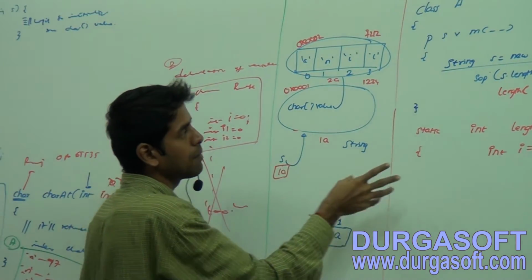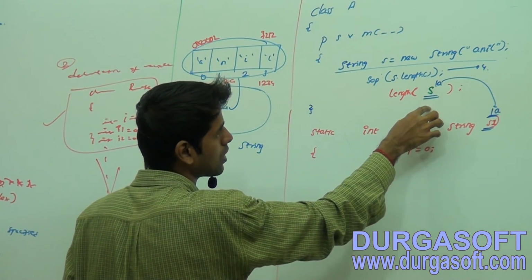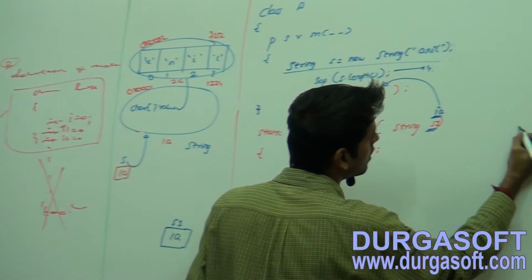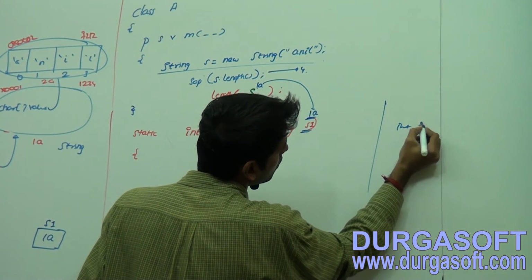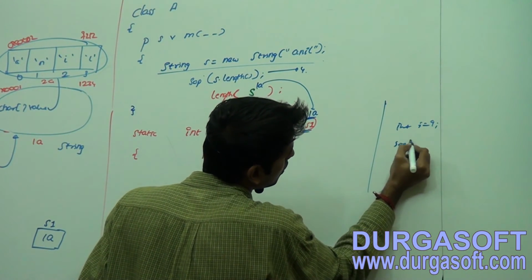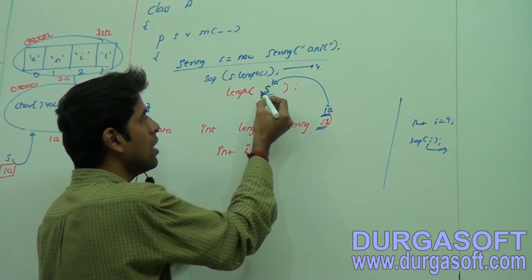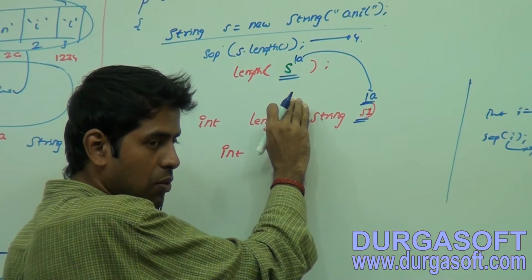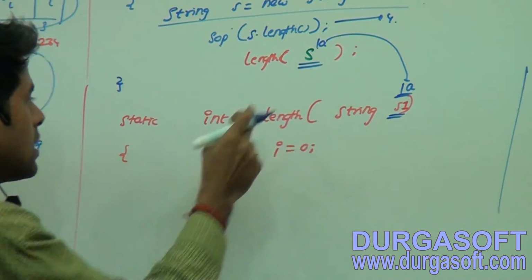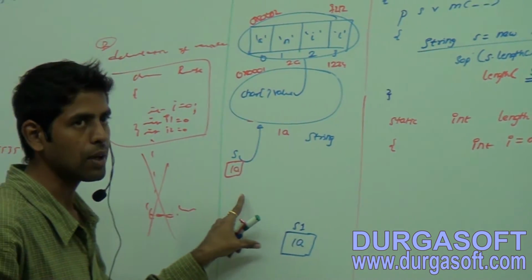Getting? Now I am passing that s value here. s means what? Observe here, int i equals to 9. SOP of i means what? It will print 9, right? In the same way, here if I use s, it will consider s value, that is 1a.